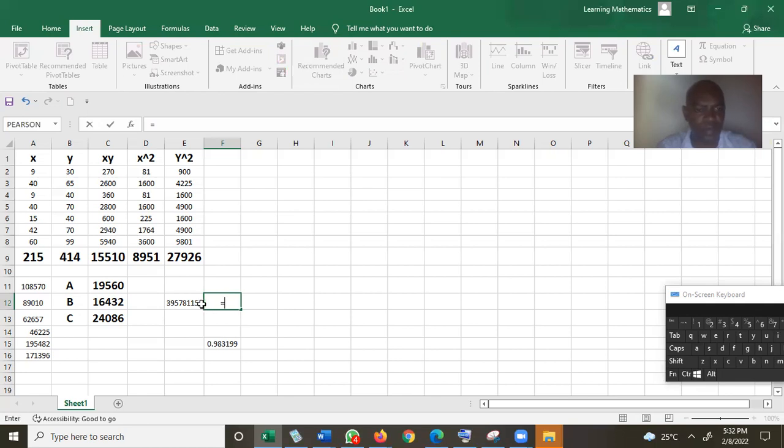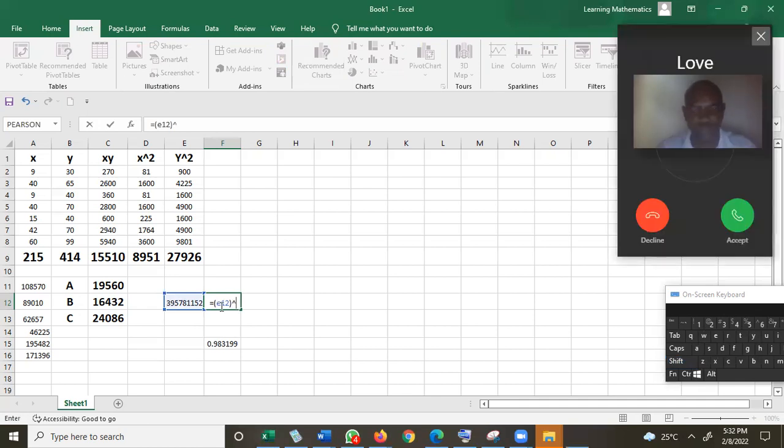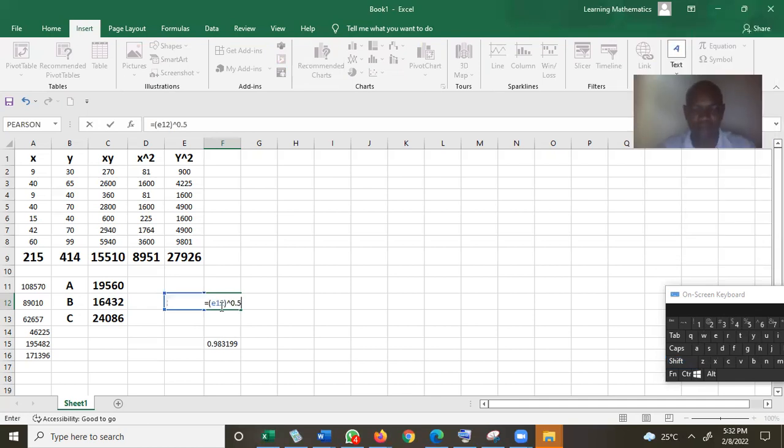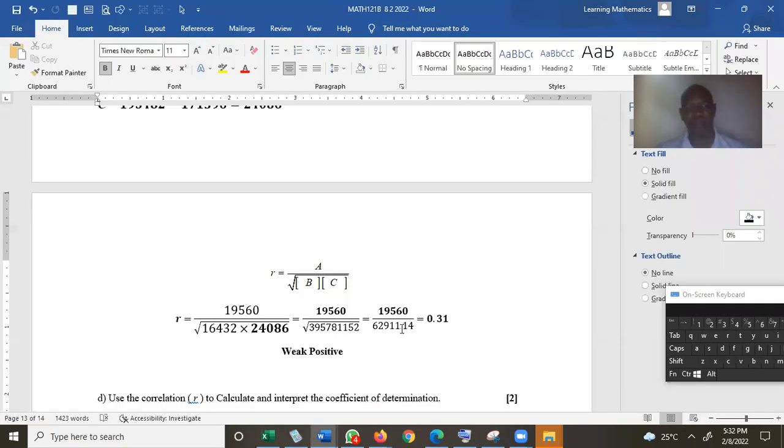Equals, open bracket, E12 raised to the power of half, because square root is raised to the power of half. I get 19894.25. So that's where the error is. The error was in the square root of 395.